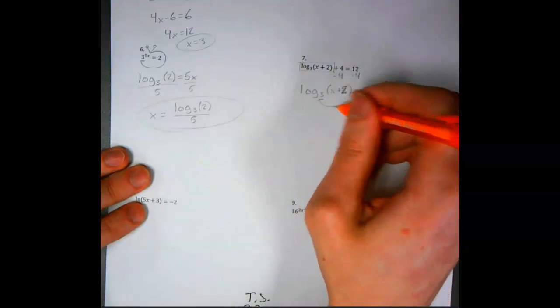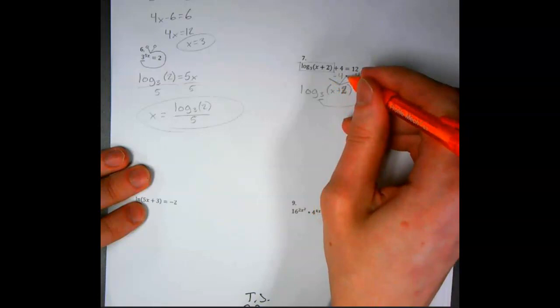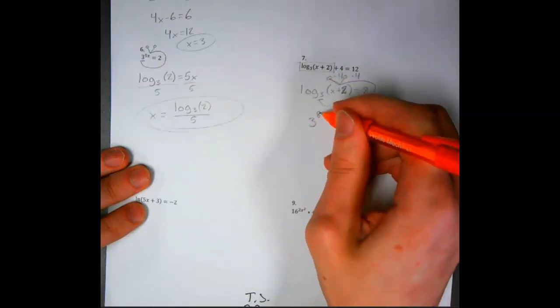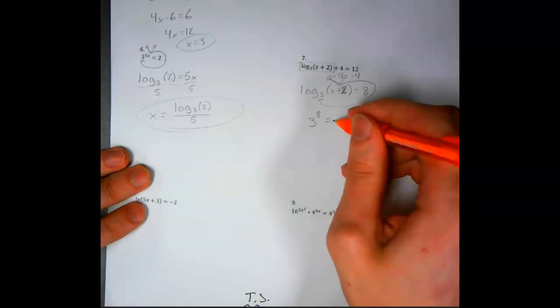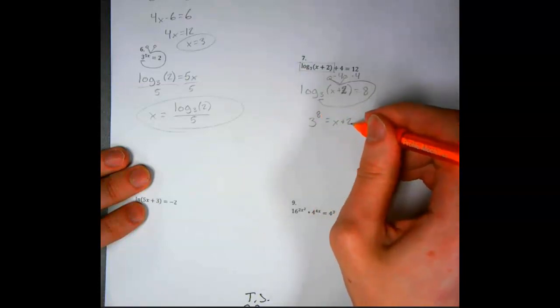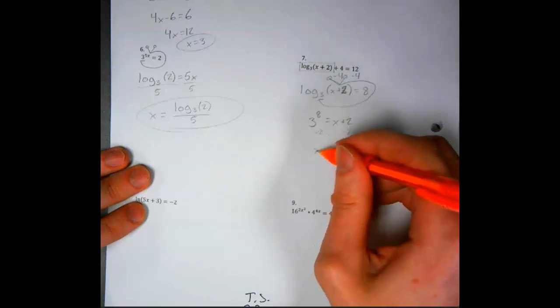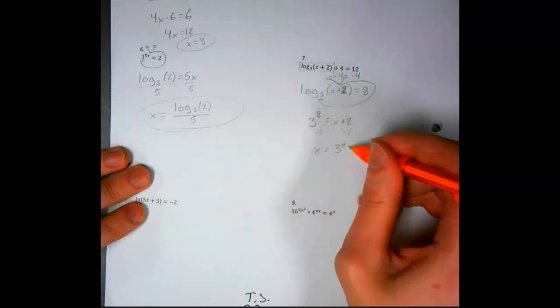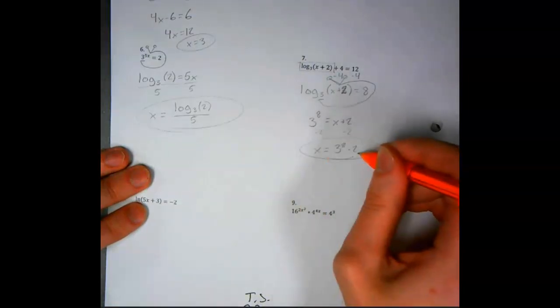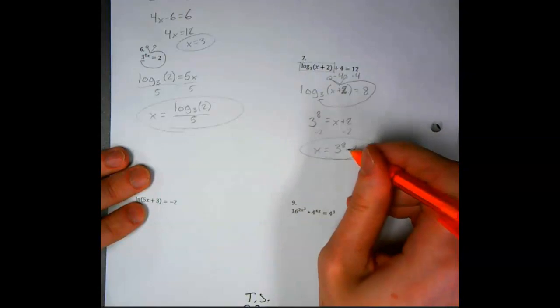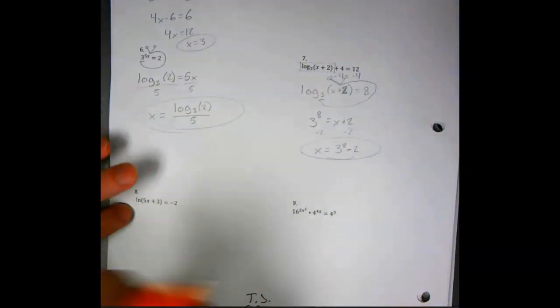And we can do that log trick, and we'll have 3 to the 8th equals x plus 2. Subtract 2, x equals 3 to the 8th minus 2. Again, you could solve for that if you wanted to, but right now that's a fine form.